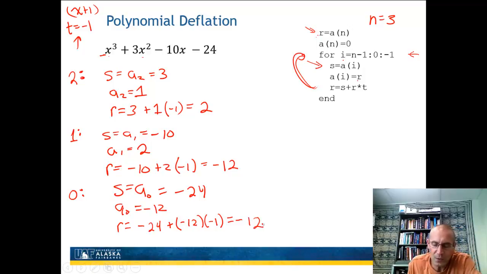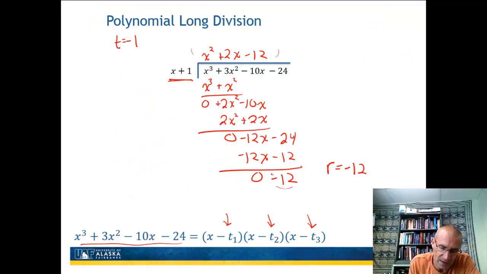Okay? So what I want to point out is, look at my remainder values. It's minus 12, this minus 12, and this value of 2. If I go back, you'll see that minus 12 and that value of 2. So those were the remainder values that I had.